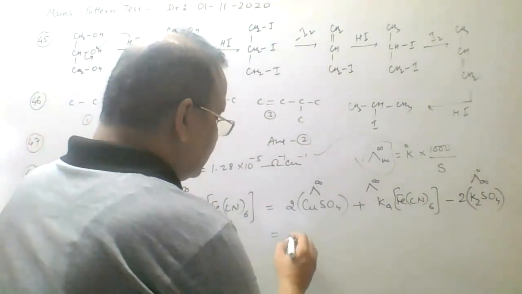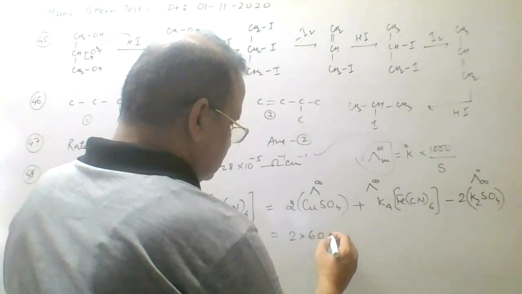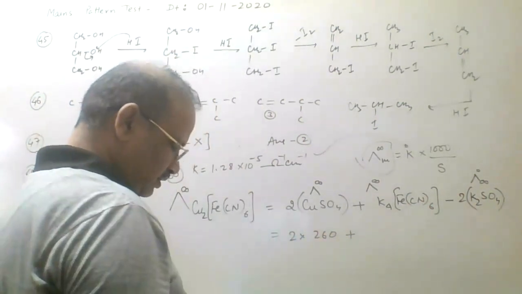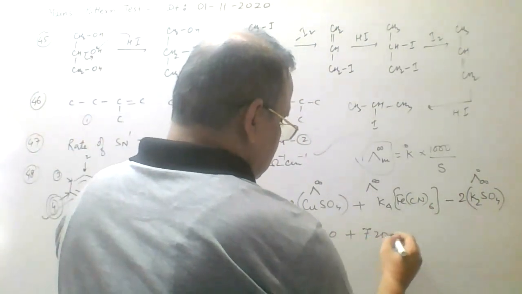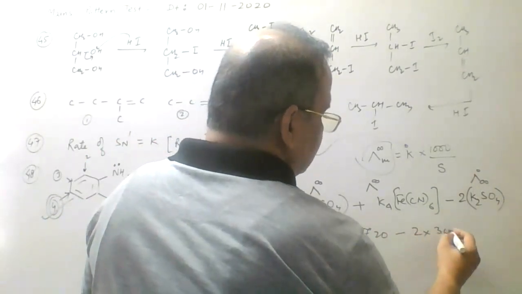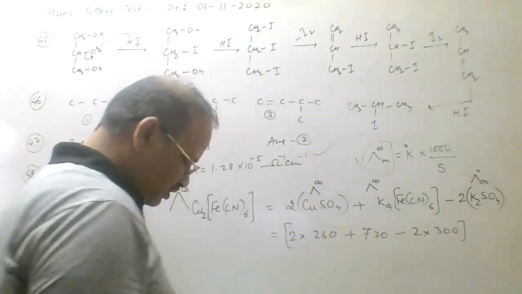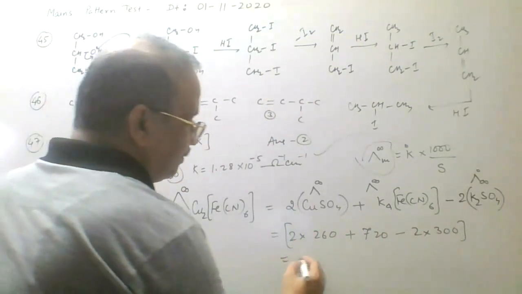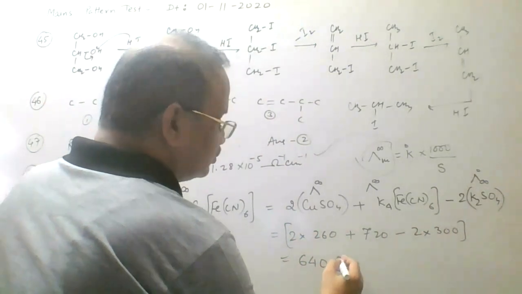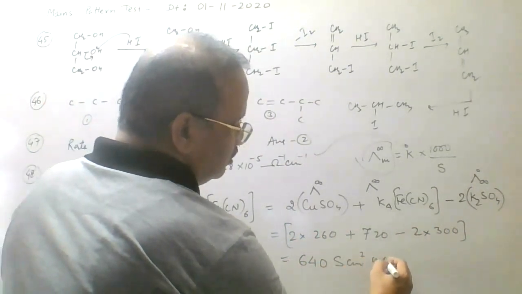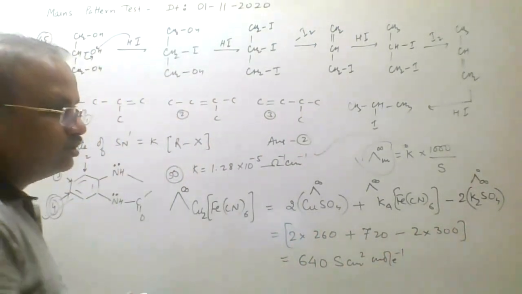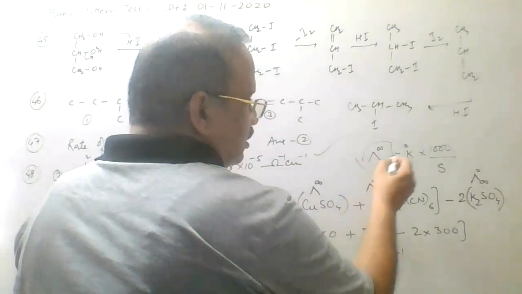So 2 into 260, we are given this, plus we are given that 720, minus 2 into 300. That is what we have to solve, and we get the value as 640. 640, that is Siemens centimeter square per mole. That is what we get. Then we can substitute here 640, and this is given to us.